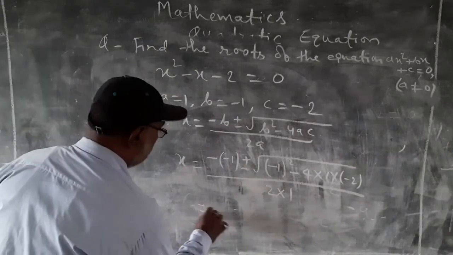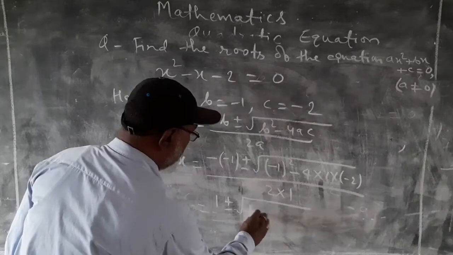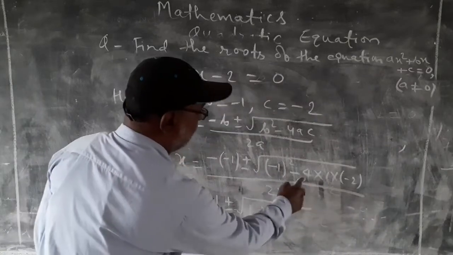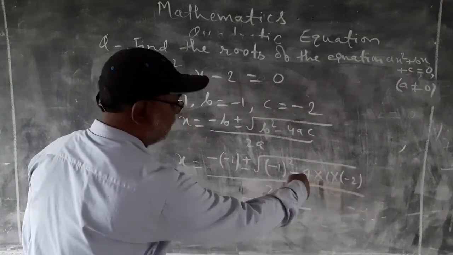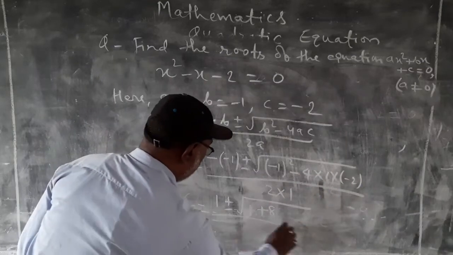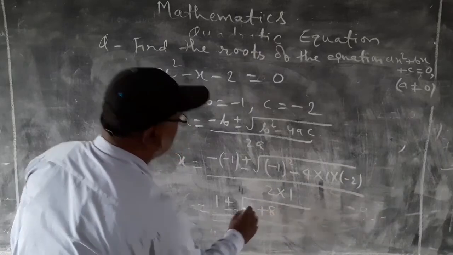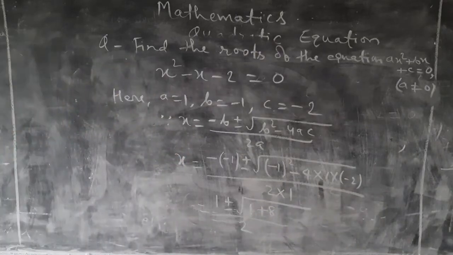So I take 1 plus minus under root 1 plus 8, divided by 2. That is 1 plus minus 8 by 2.